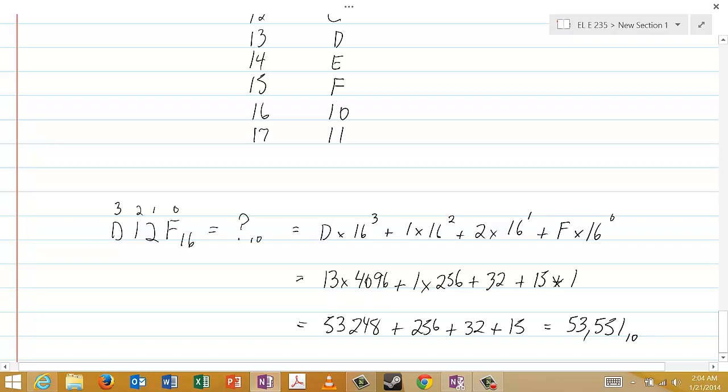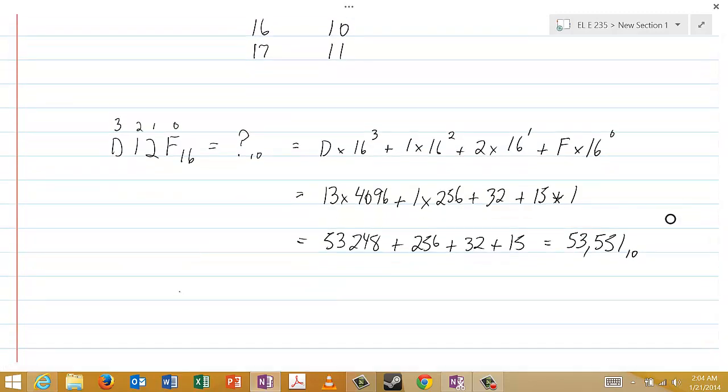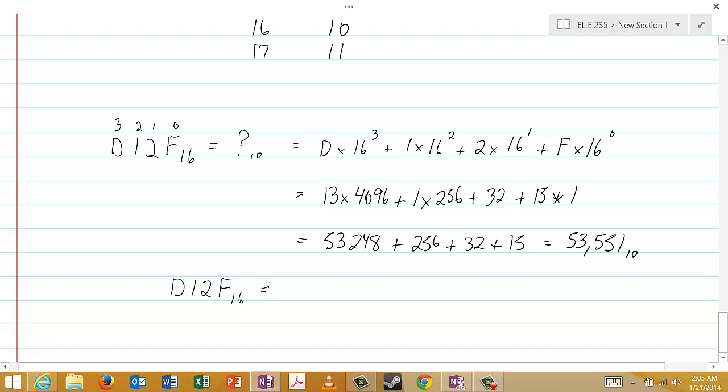So again, to summarize that, the hexadecimal number D12F base 16 is equal to 53551 base 10.